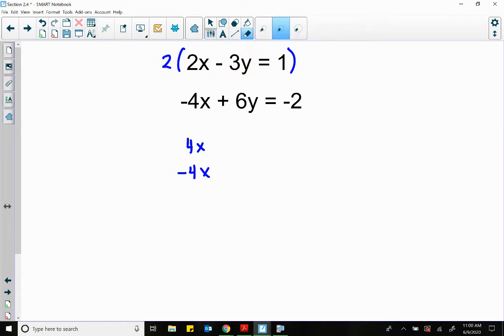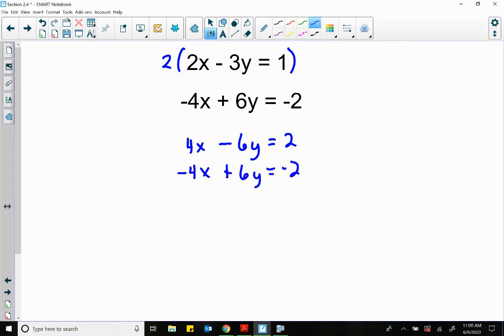Okay? And if I multiply that all out by 2, you're going to notice, because the bottom stays the same, that when I do the add down for step 2, I get 0 equal to 0. This is so much faster than if I would have done substitution. You would be showing a whole heck of a lot more work. Okay? And 0 equal to 0, what does that mean for us?